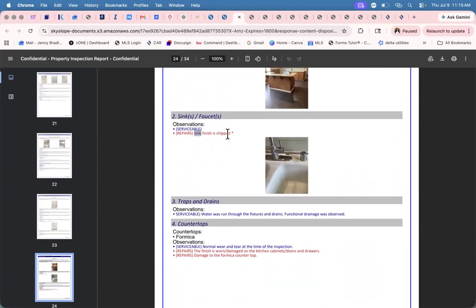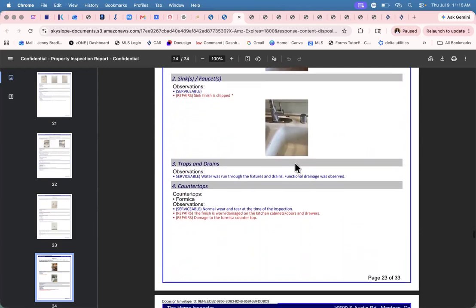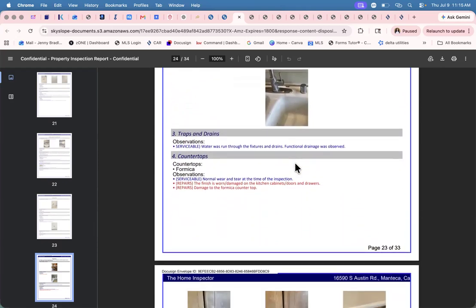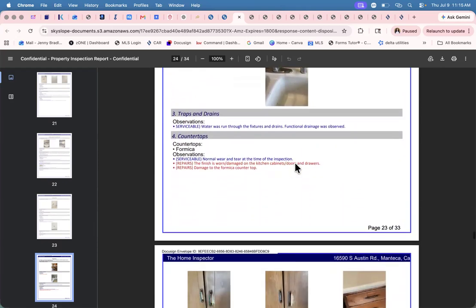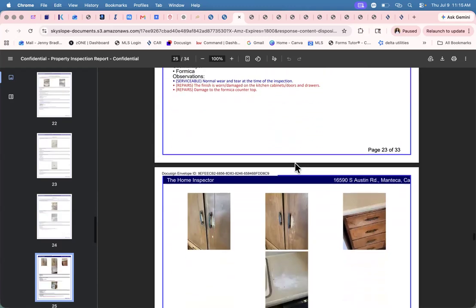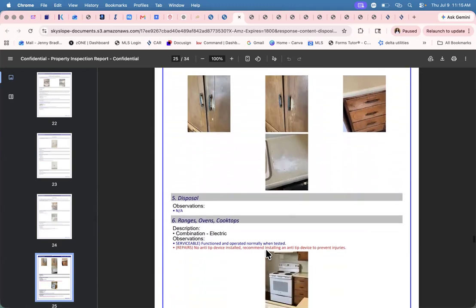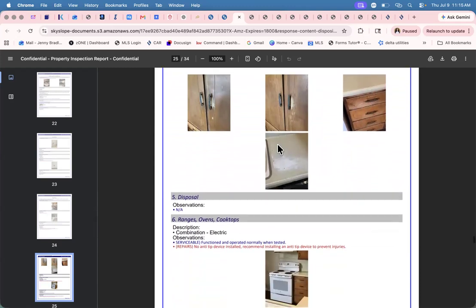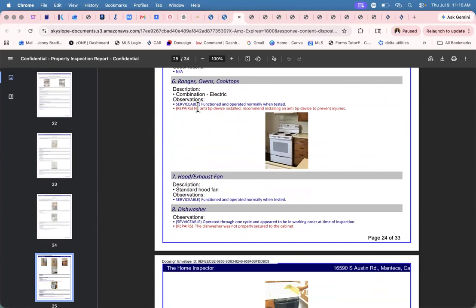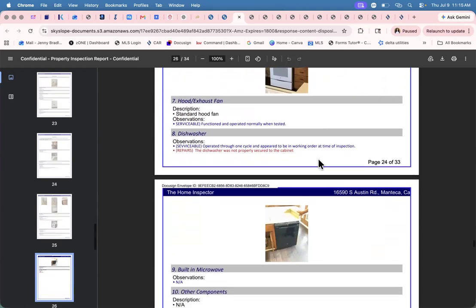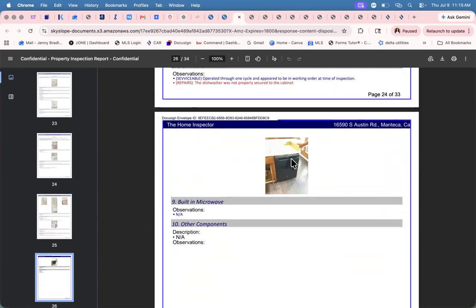They put everything. So sink finish is chipped. They'll put everything from cabinets to discoloration right here. No anti-tip device installed for the stove. Dishwasher was not properly secured. That's the dishwasher.